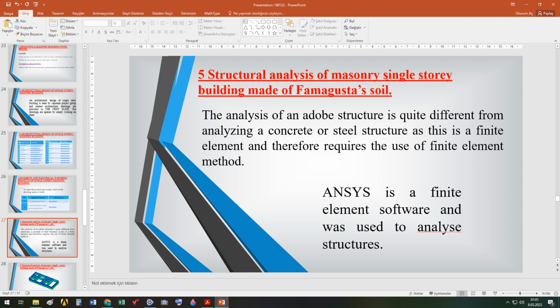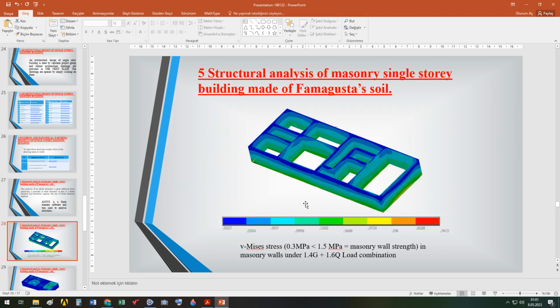Structural analysis of a masonry single-story building made of Famagusta soil is done by means of Ansys. It's a finite element software. These are the results. Here you see only the walls without strip foundation and roof, which are made of concrete. And masonry wall strength is 1.5 megapascal, obtained from tests.